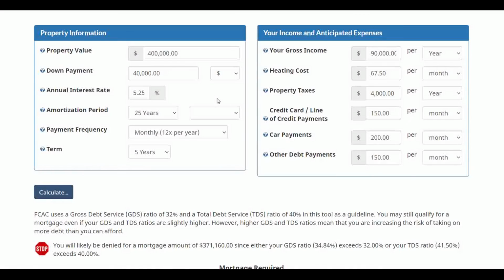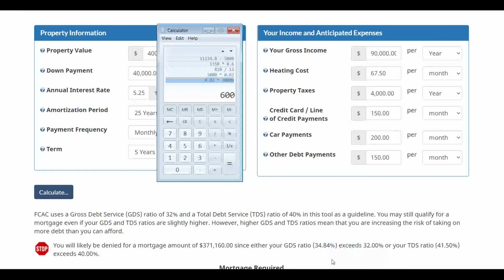Now, how would you go about paying them down? You can do a cashback. What is a cashback? A cashback is essentially getting cash up front for a trade-off. What's the trade-off? The trade-off is you have a higher interest rate. I'll explain with a calculator.